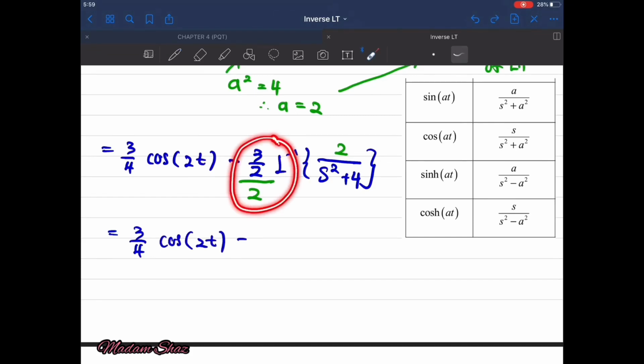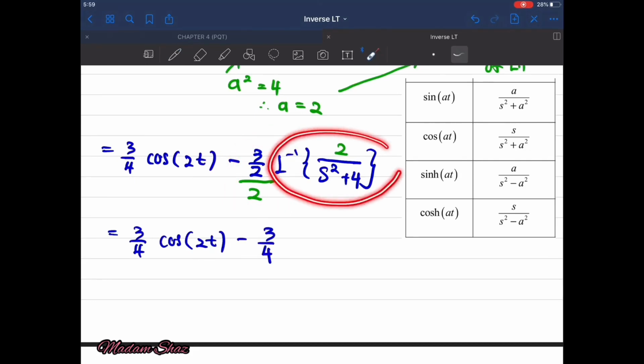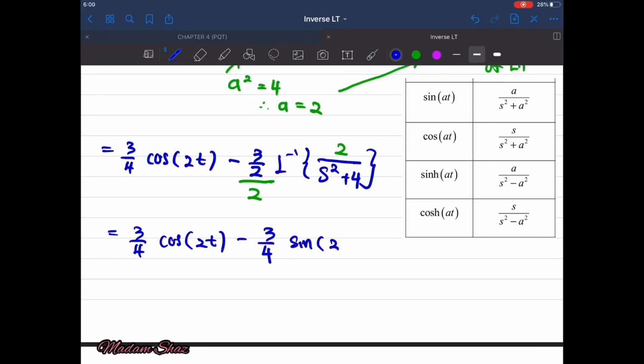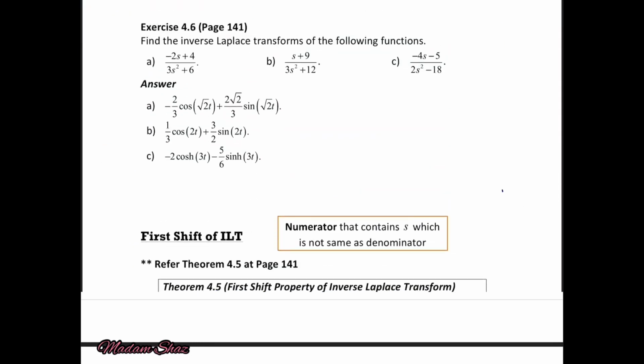Simplify 3 over 2 divided by 2 will become 3 over 4. Laplace inverse 2 over s square plus 4 will become sine of at, sine of 2t. Okay, so this is the final answer for the inverse Laplace transform example C.